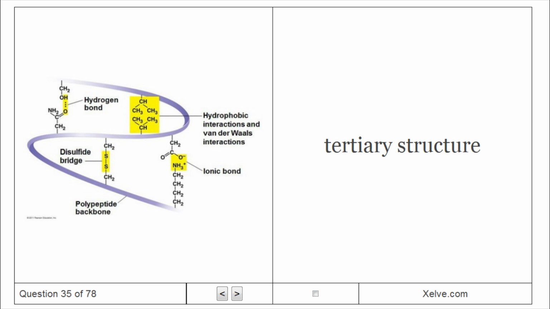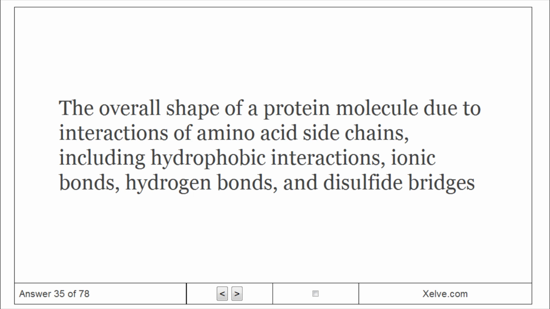Tertiary structure. The overall shape of a protein molecule due to interactions of amino acid side chains, including hydrophobic interactions, ionic bonds, hydrogen bonds, and disulfide bridges.